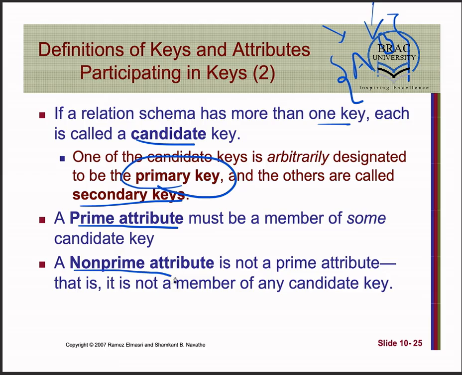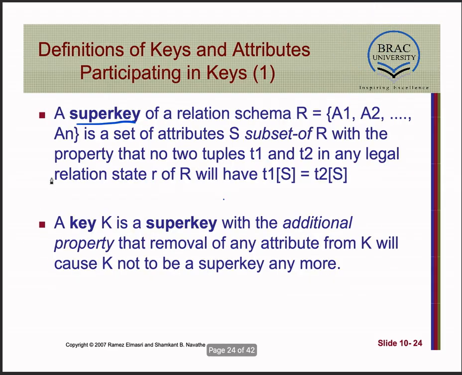Non-prime attributes are other attributes which are not members of any candidate key. These are terms that you might come across whenever we are discussing normalization, so it's important to understand them.